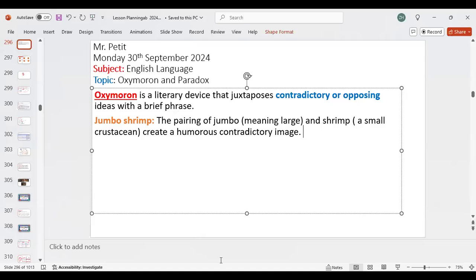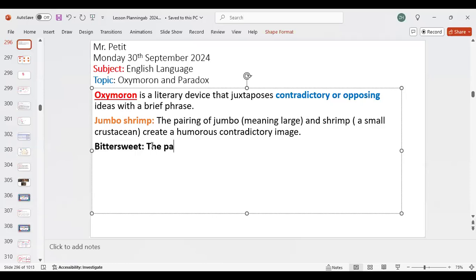Describe an oxymoron. Okay. I think it would be better if I just give you some examples. So what if I say bittersweet? Why is bittersweet an oxymoron? Because it puts those two things together briefly. Exactly.